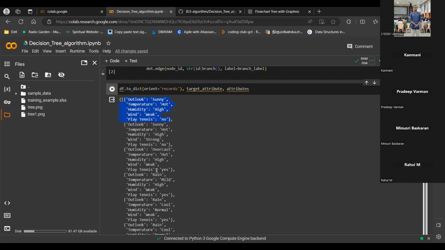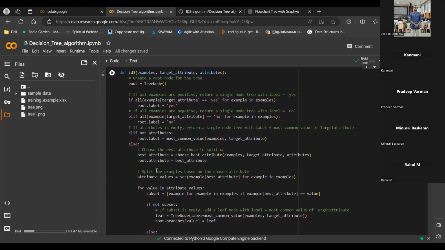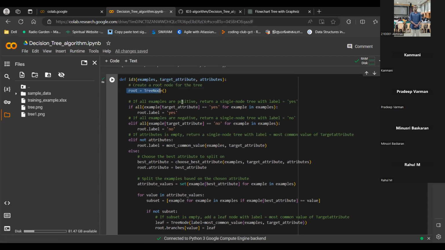All right. And here's where our algorithm starts. Initially, we'll be creating an empty node. You don't need to go through the algorithm, we'll leave it to the code. Just briefly give us a high-level overview of what this does.